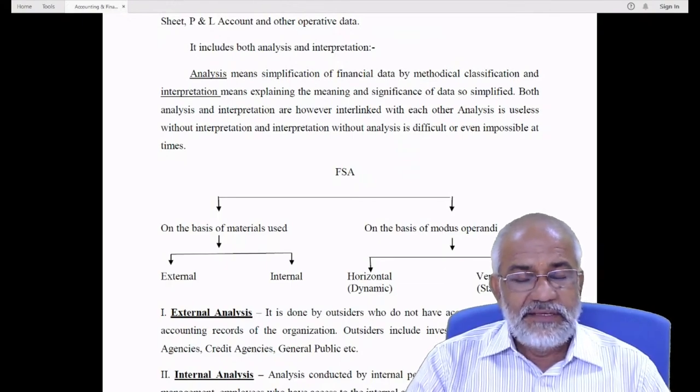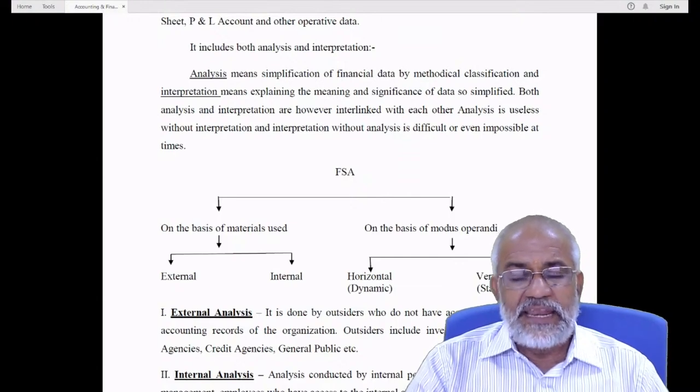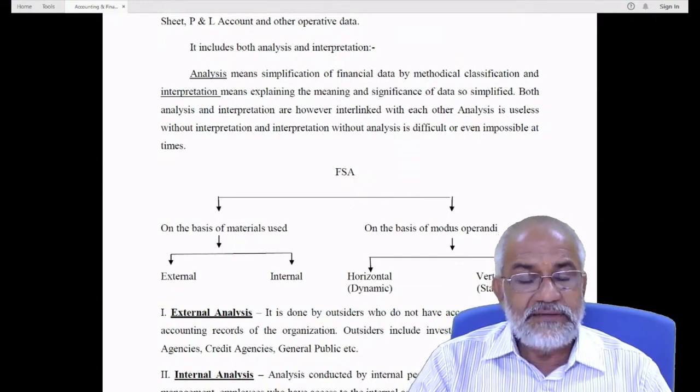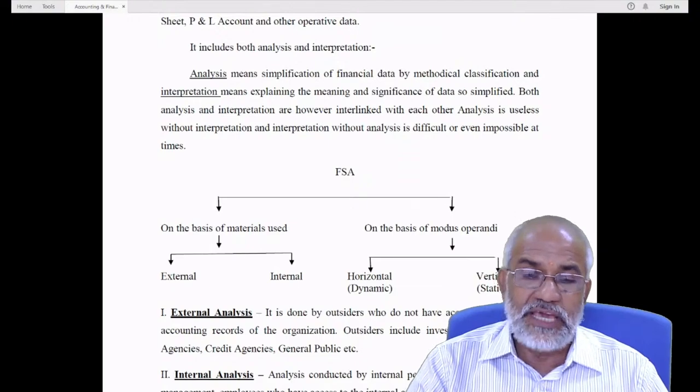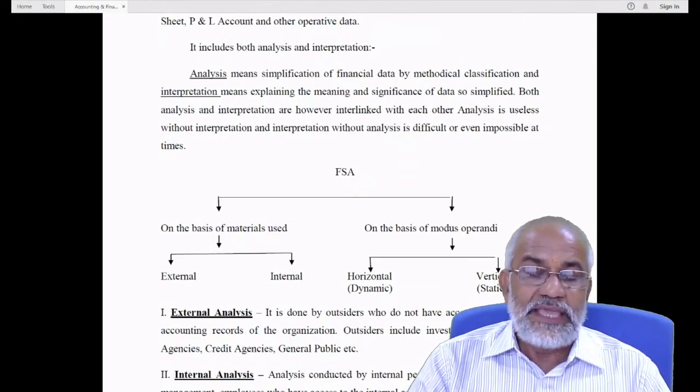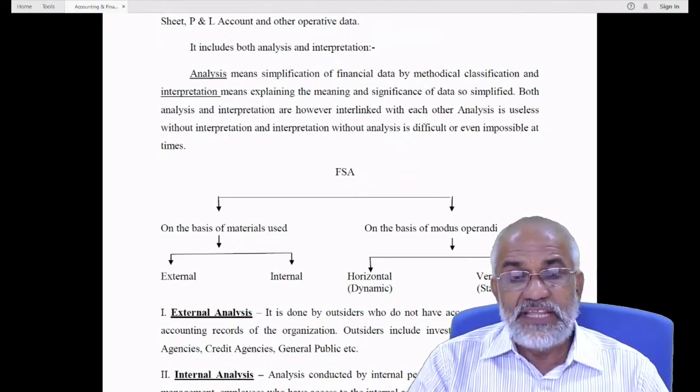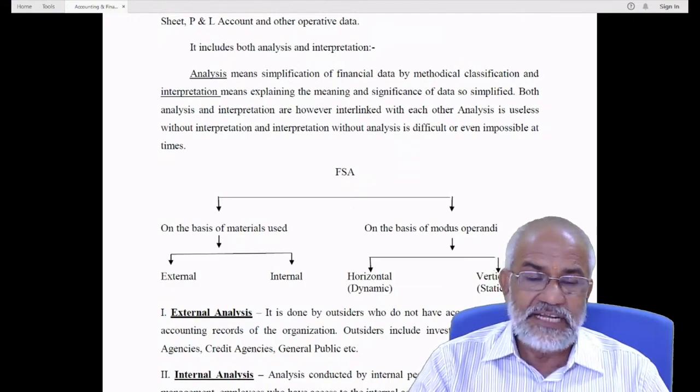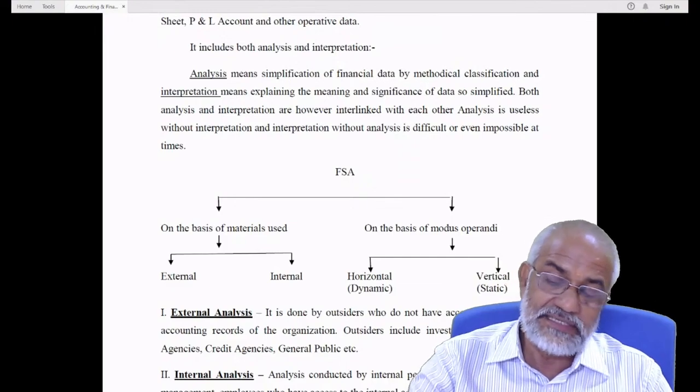So when they have limited accounting data, they can take the annual report in their hand, and from the annual report they can do the analysis. So they cannot do an in-depth analysis of the financial statements of the organization. That's why it is termed external analysis.